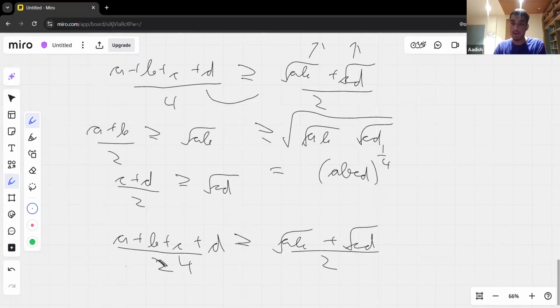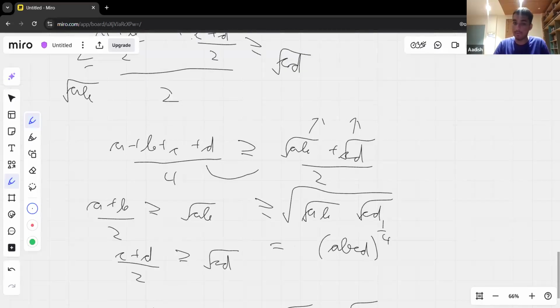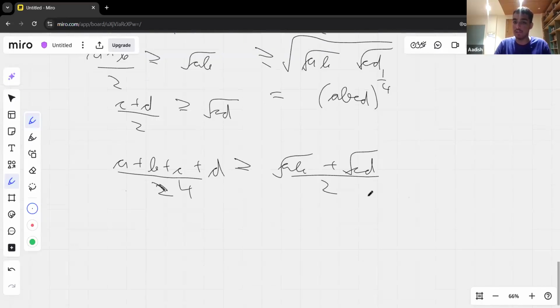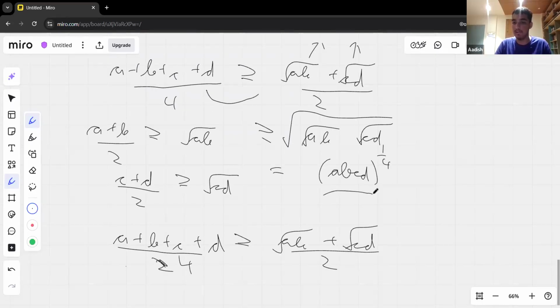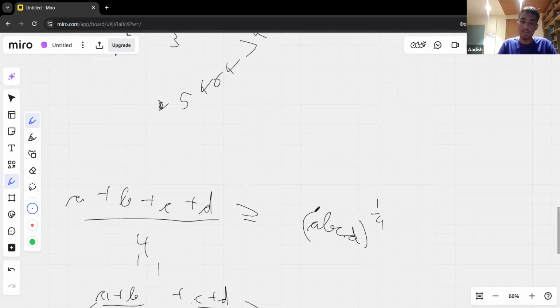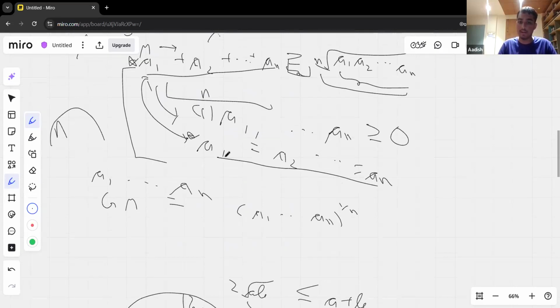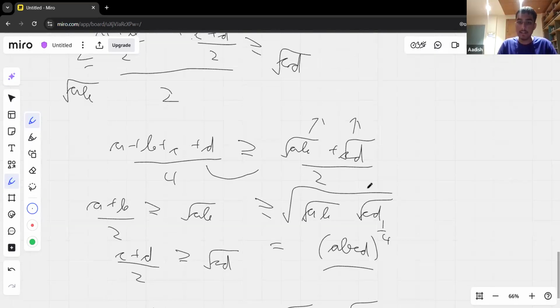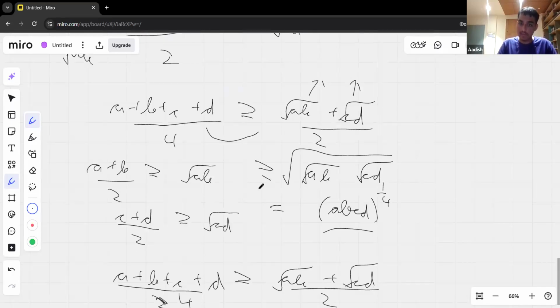And now, once again, we have the average of two numbers, so that's greater than or equal to the square root of their product, which is just (abcd)^(1/4). You also have to check that equality holds if and only if all the numbers are equal. If the arithmetic mean is equal to the geometric mean, then everything in the middle is also equal to them.